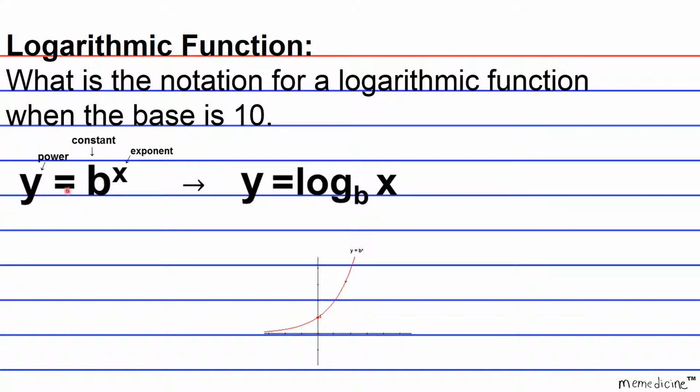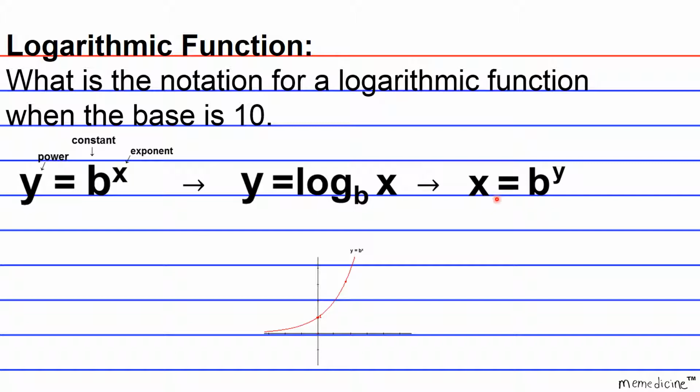So if these two statements are inverses of each other, an equivalent expression for this statement is going to be x equals b raised to the y power. Okay? Remember that algebraically, in order to yield the inverse function of your starting function, all you have to do is switch the independent with the dependent variables, okay?